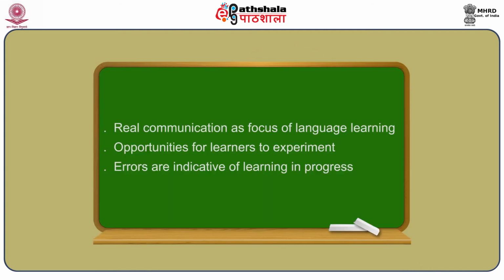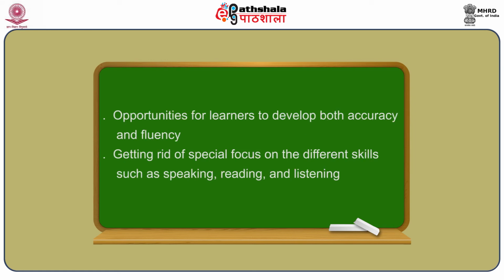That the real communication should be the focus of language learning, opportunities for learners to experiment more and more rather than just repeat and drill, and consider errors as stages in the process of learning, as in a child who is trying to build communicative competence. Opportunities for learners to develop both accuracy and fluency, getting rid of special focus on different skills. So there is no division between LSRW.